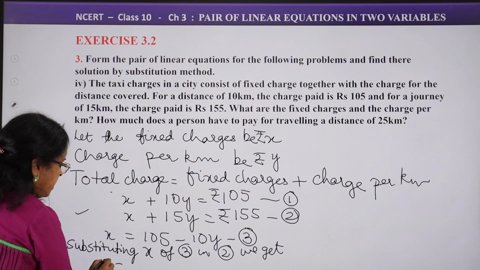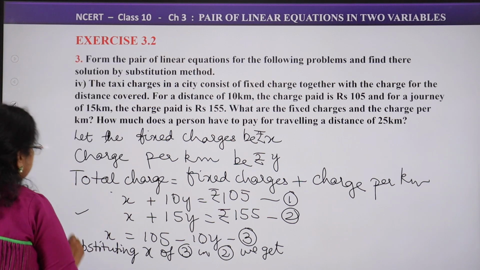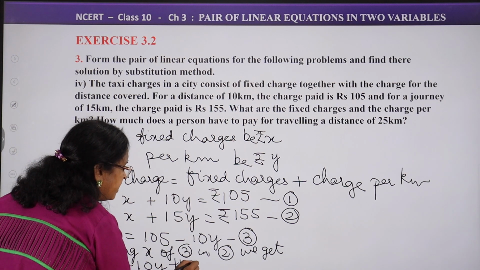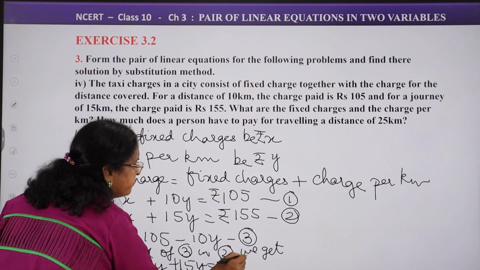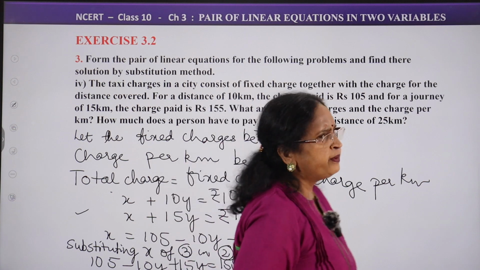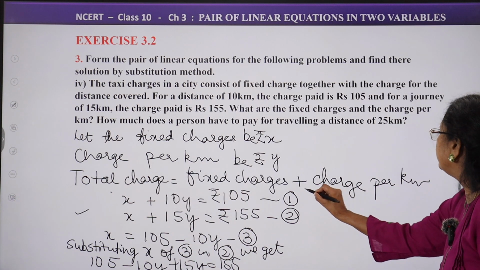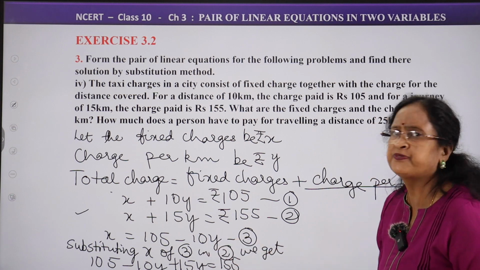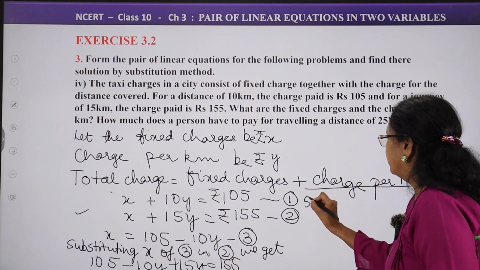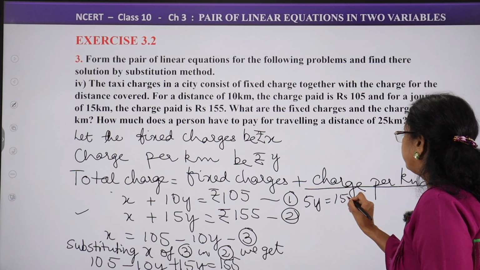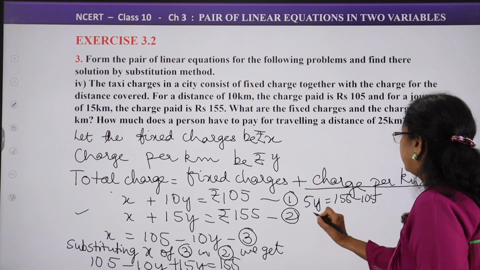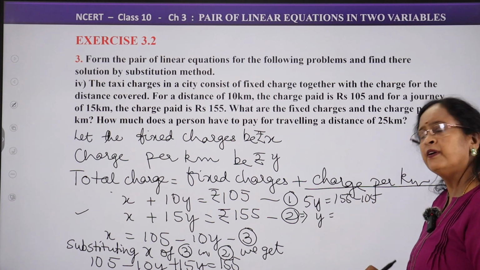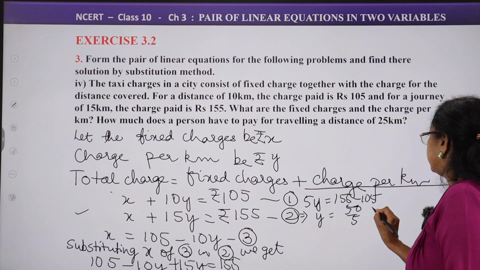So if we put it in, 105 minus 10Y plus 15Y is equal to 155. Alright. Continuing with this. What do I get? Minus 10Y plus 15Y, 5Y. Correct. 5Y is equal to 155 minus 105. That implies Y is equal to 50 by 5, that is 10.